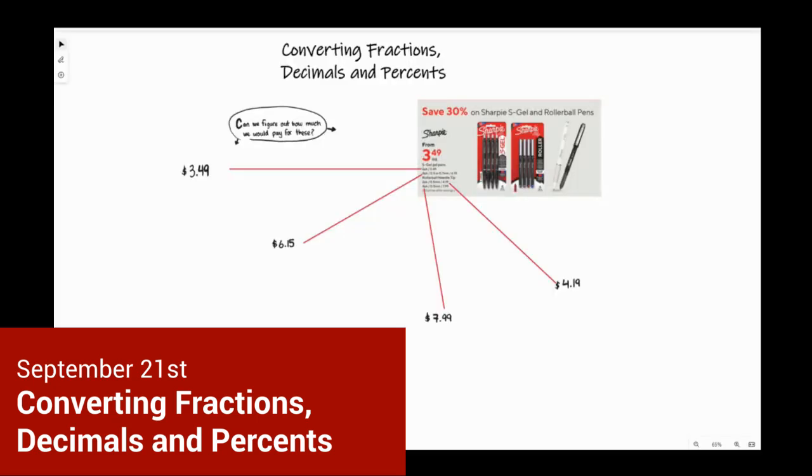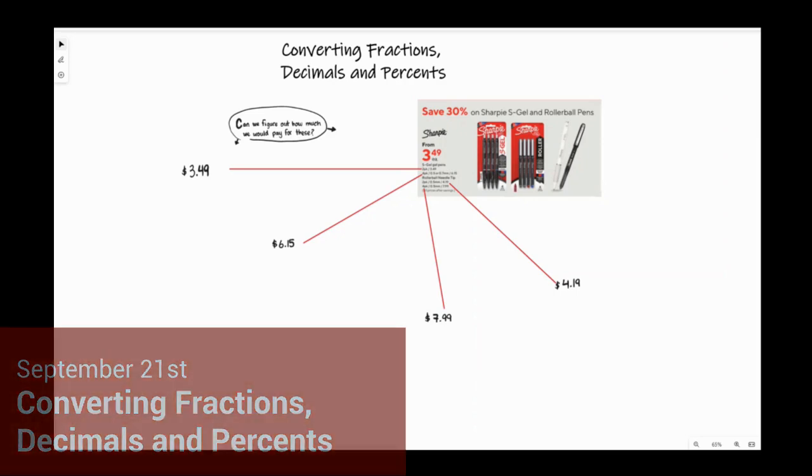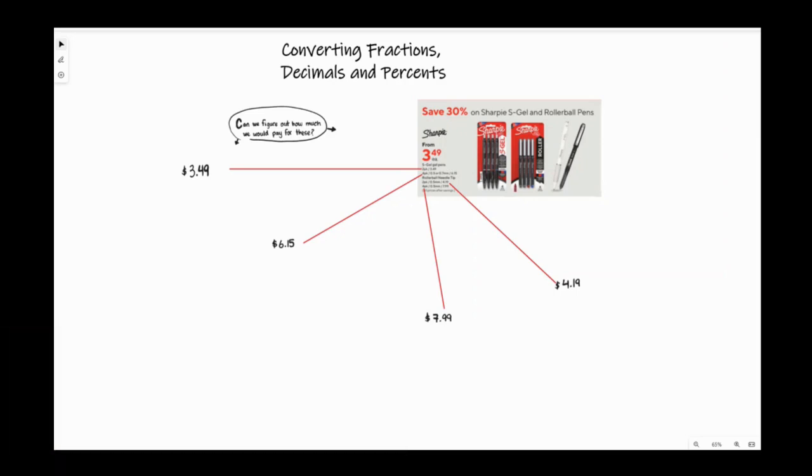Okay, it is recording. So yeah, today I want to cover converting fractions, decimals, and percents. You might know how to do this already. You might have a different way than me to find the answers to this. That's perfectly fine. This is just a really big piece of all grade 7 math and then grade 8 math.